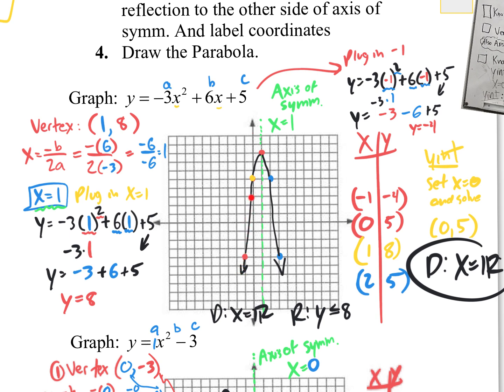It goes up so far, reaches a max height, and then it comes back down. So it does not reach the max value of 10. What's the max value of this parabola? Anybody? 8. So the parabola exists at the y value of 8 or below. That's why the range is y is less than or equal to 8. Okay? Cool.